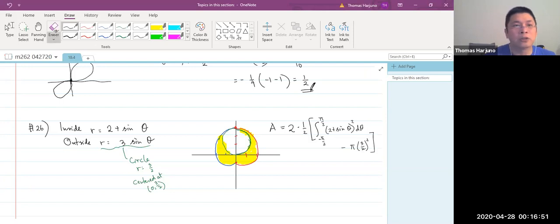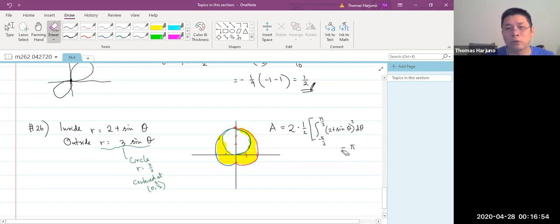Okay, now actually I don't want to do it that way. Let me do it right. So minus the integral, I already factored the 1/2 out, from 0 to pi over 2. Because for us to move from this point to that point, we just need from 0 to pi over 2 of 3 sine theta squared d theta. Okay, that's what you need to do.